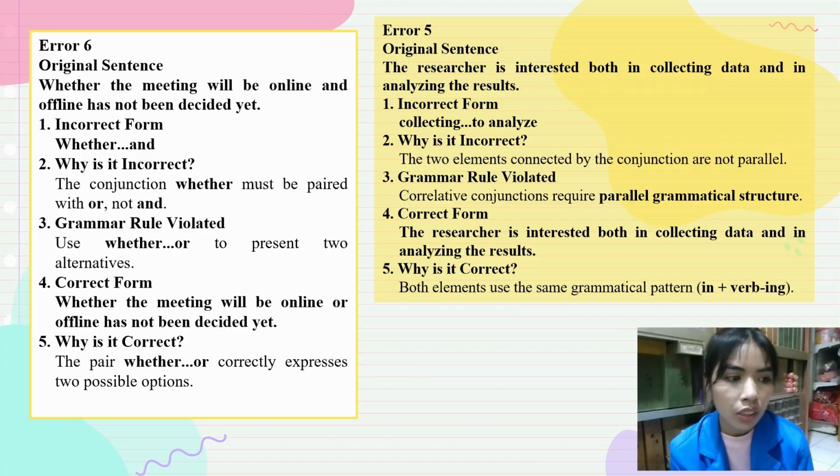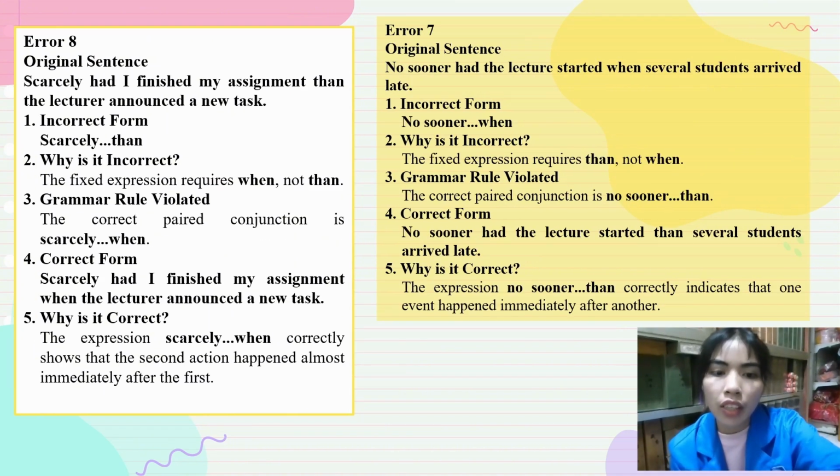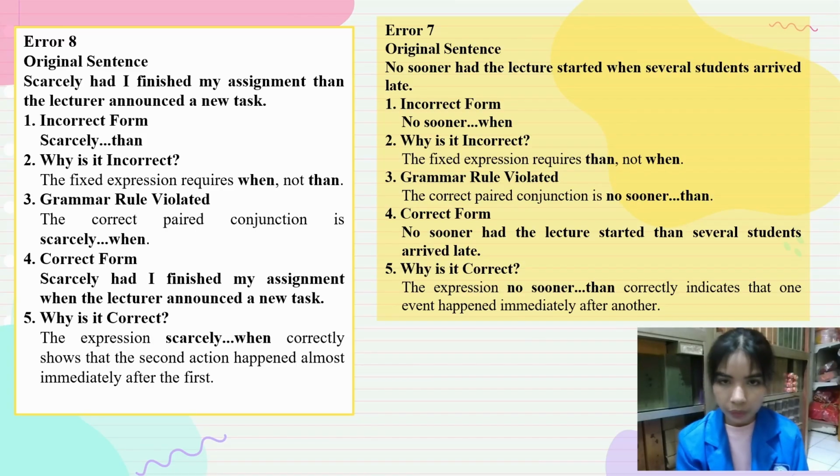In the sixth sentence, the correct pair is whether... or. And the seventh and eighth sentences should use fixed expressions: the seventh should use no sooner... than, and the eighth should use scarcely... when, not than.